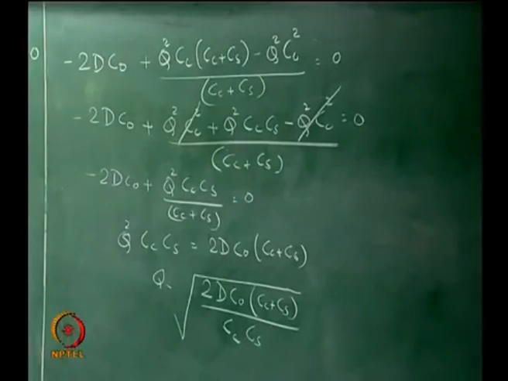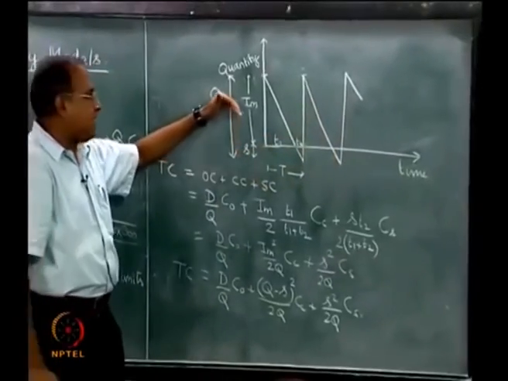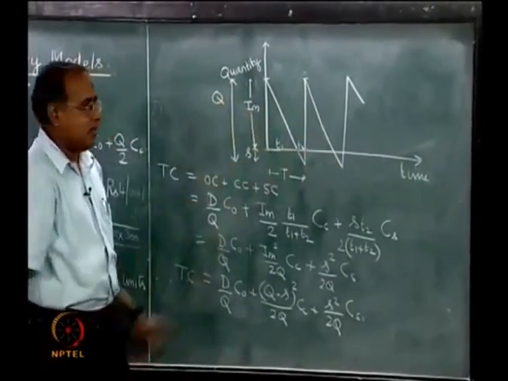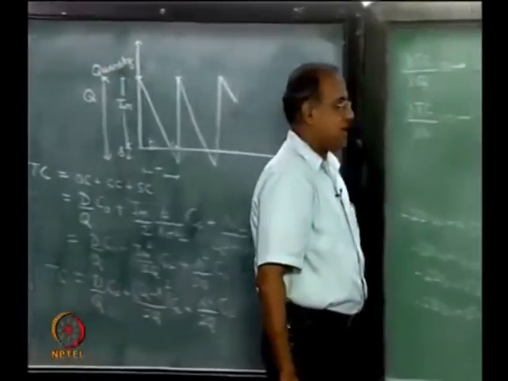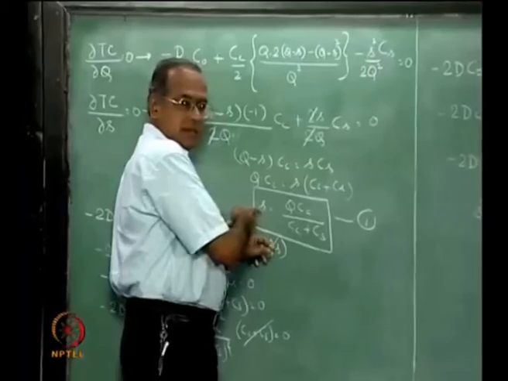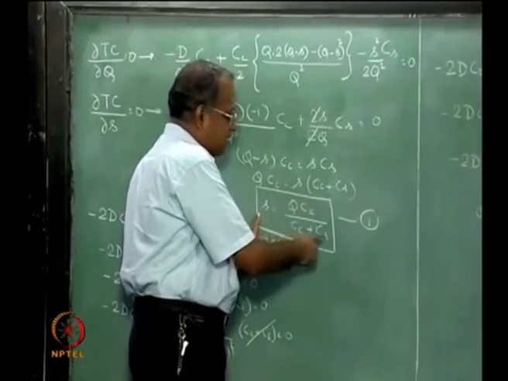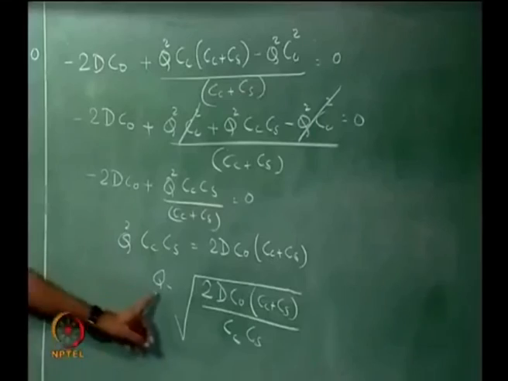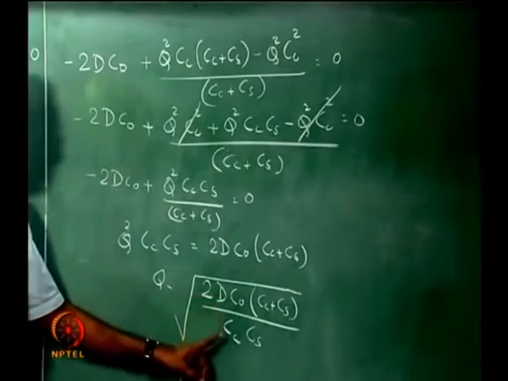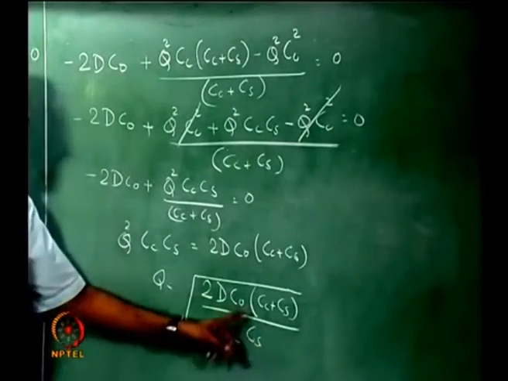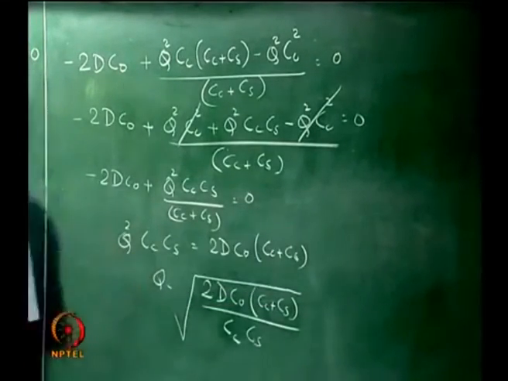So, when we use this model where back order is allowed and then we derive, we get the expression for S, the back order quantity, as QCc by Cc plus Cs. The order quantity Q is root of 2d C naught by CcCs into Cc plus Cs.